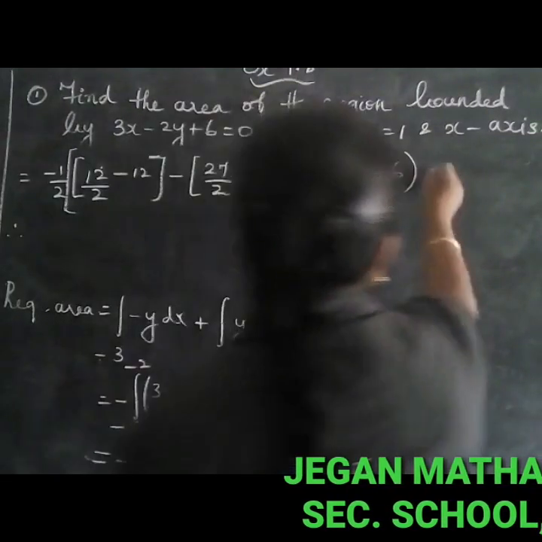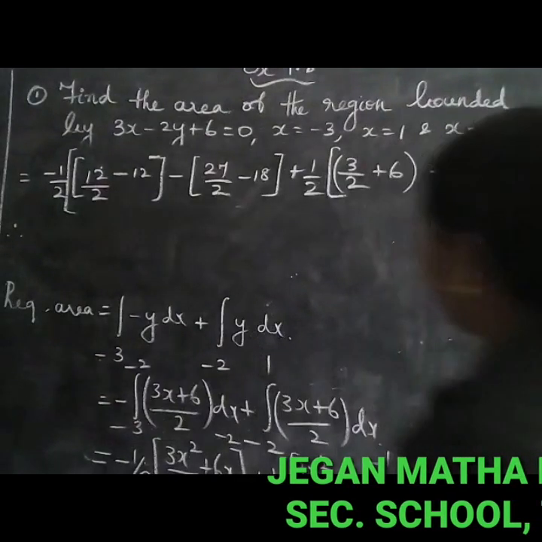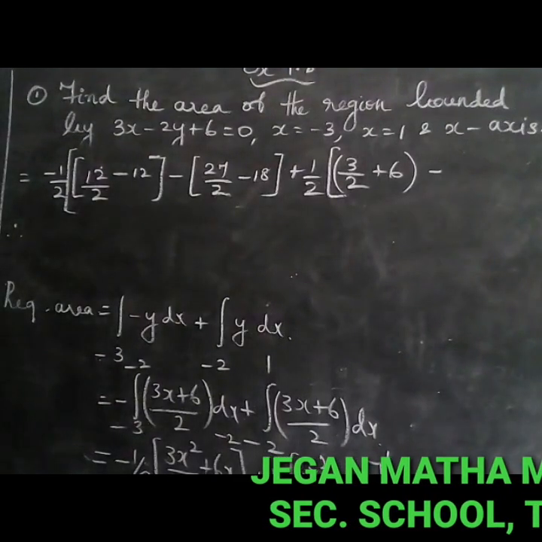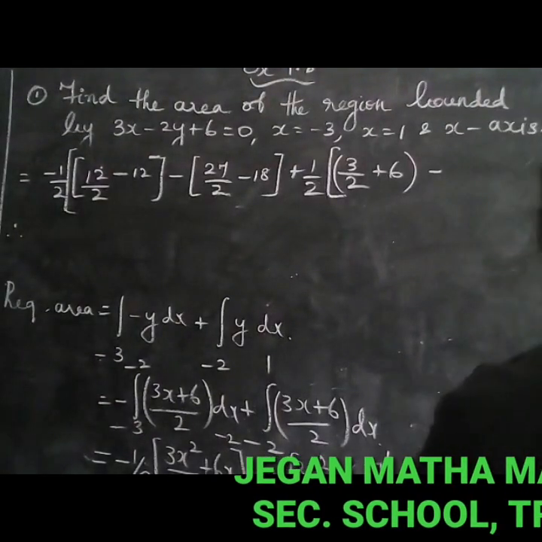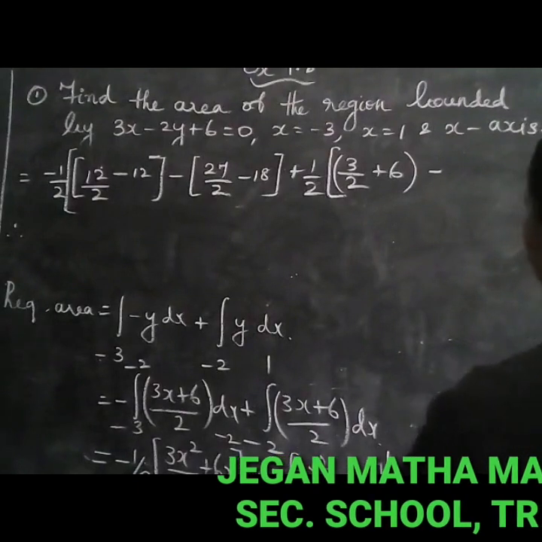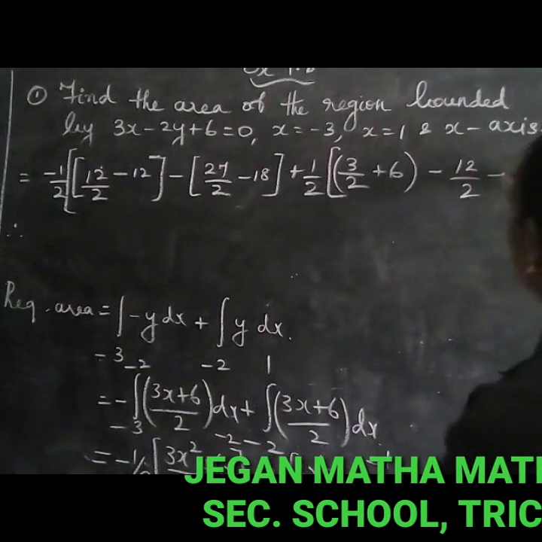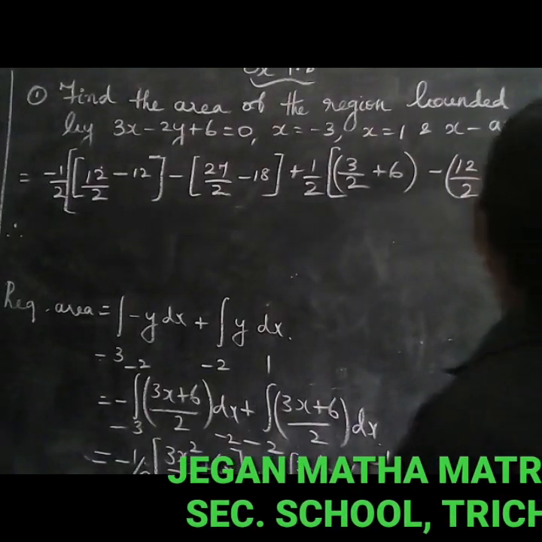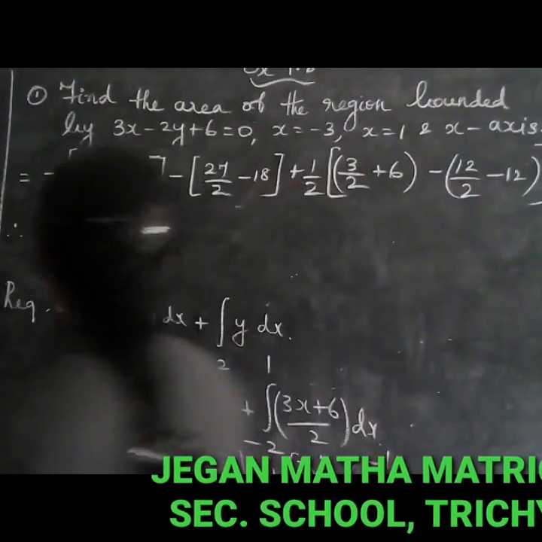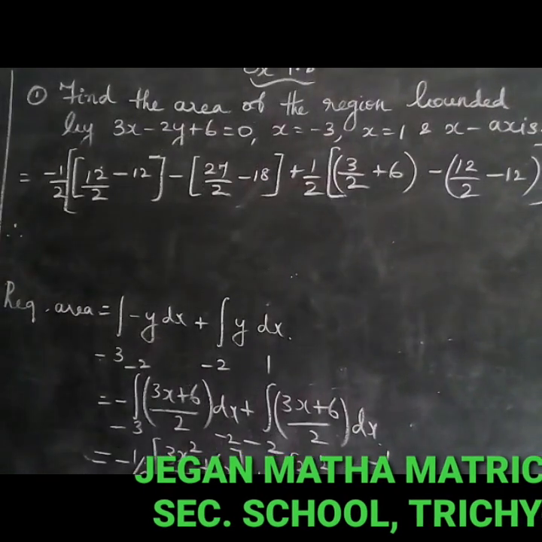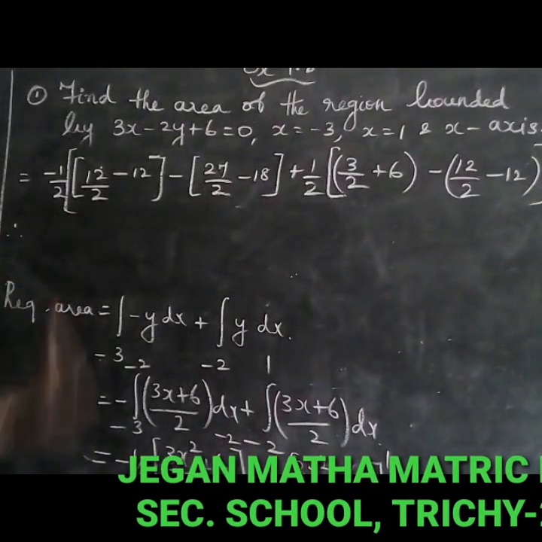So here you will get minus, lower limit is minus 2. So 2 square is 4, 3 fours are 12 by 2, minus 6 into minus 2, minus 12. Like this you can substitute the limit. Then ordinary simplification we have to do to solve the sum.